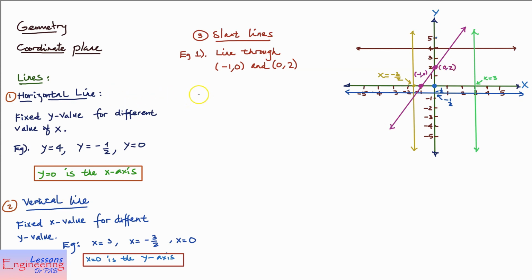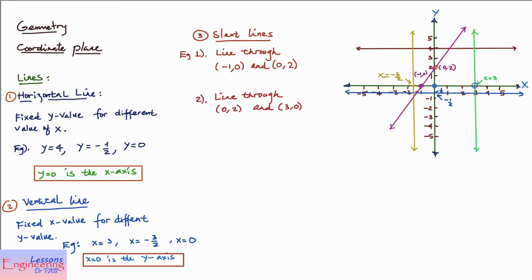Okay, example 2, a line through 0, 2 and 3, 0. Now by complete coincidence we have another point 0, 2, but that is the same point again here. That is 0, 2 and 3, 0. 3, 0 is a point on the x-axis, where y is 0 and x is 3.